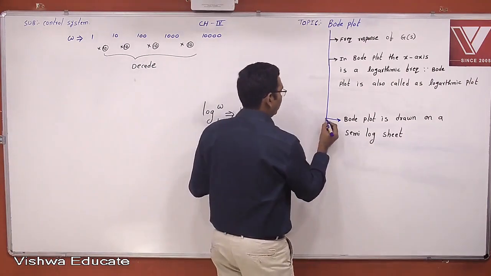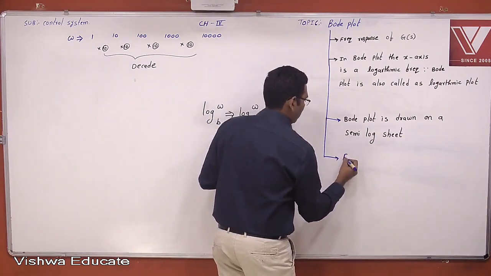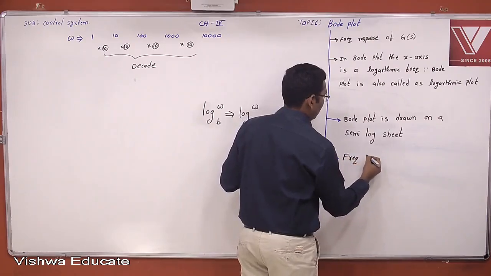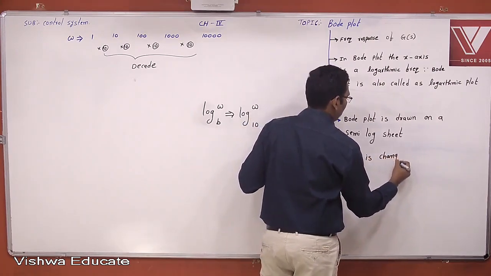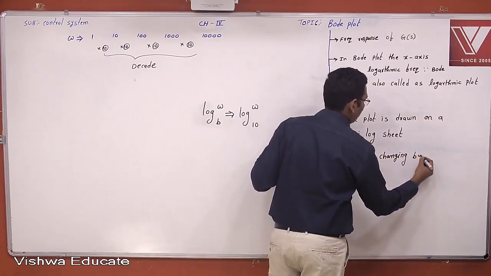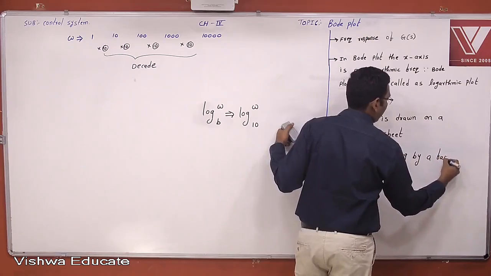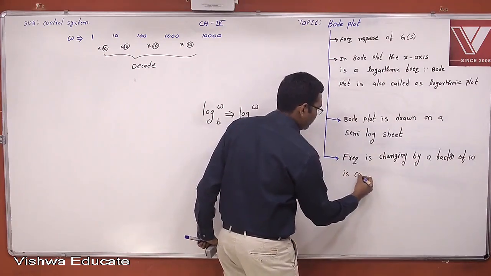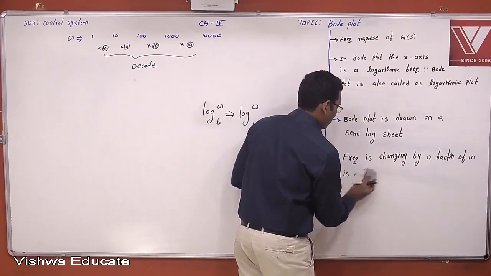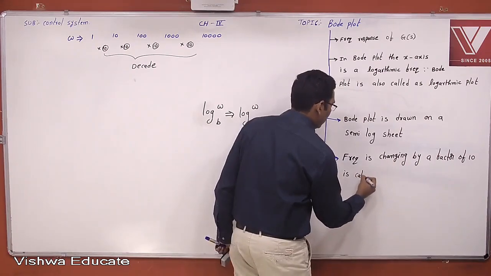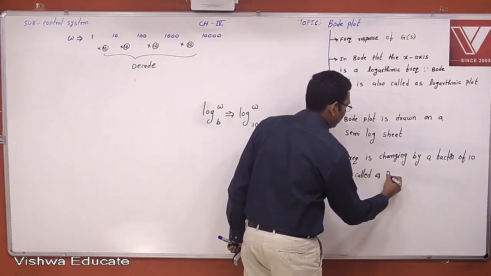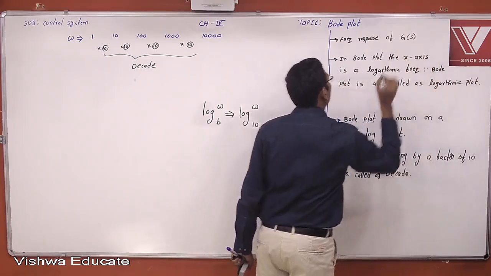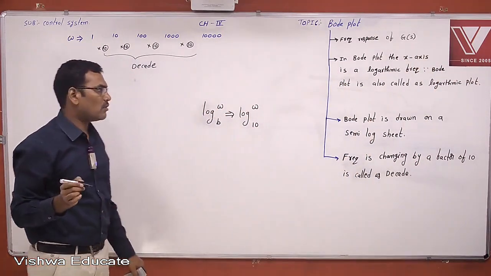Here I will write it: the frequency changing by a factor of 10 is called a decade.